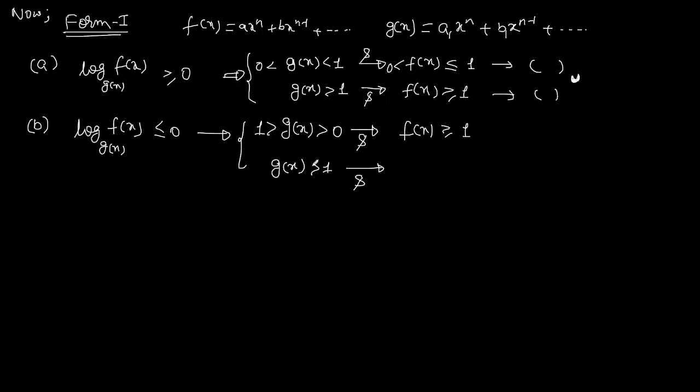What are the values of x for which gx is bigger than 1? That we'll get, and by solving fx less than equal to 1, bigger than 0, we'll get some x. So we'll do AND with both the x, and finally whatever x we are getting, we'll do union of both the x. Okay.